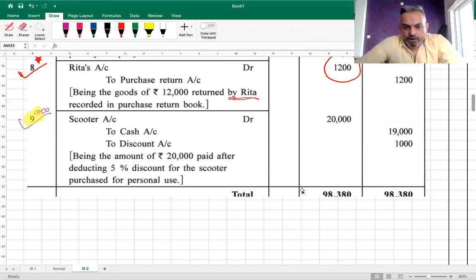Being amount of 20,000 paid after deducting 5% discount for the scooter purchased for personal use. Once again, I'm reading this. Scooter account debit 20,000, cash account 19,000, discount account 1,000.